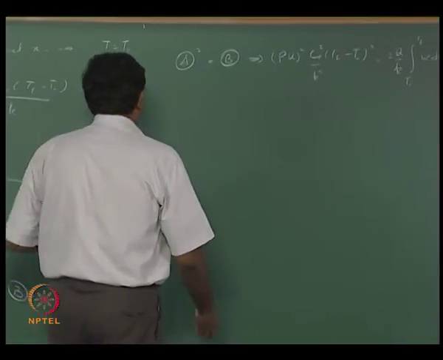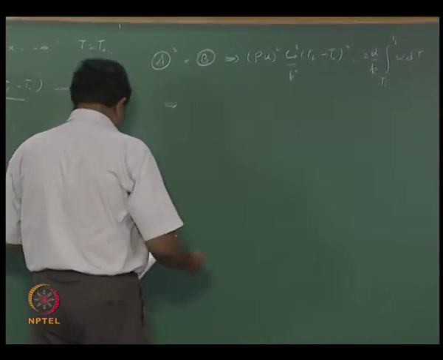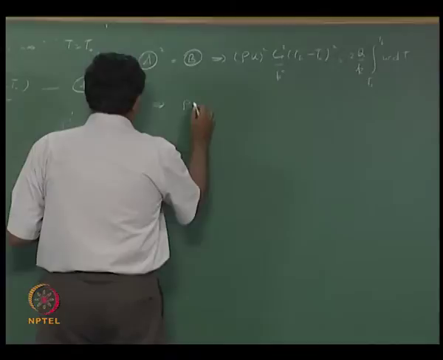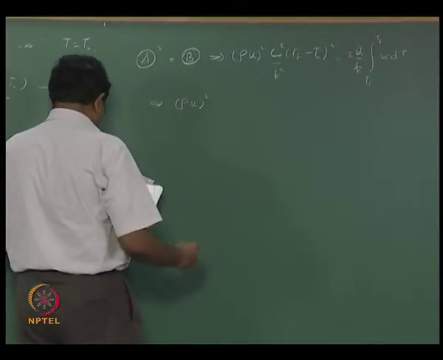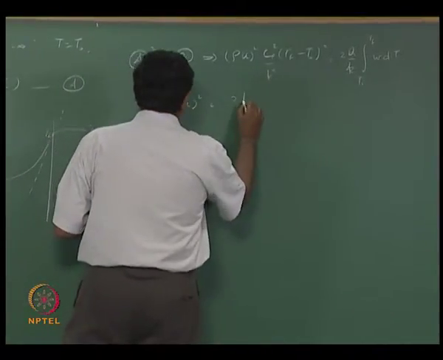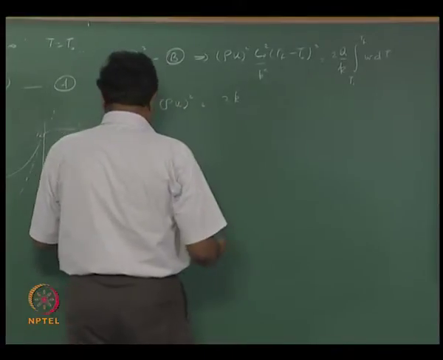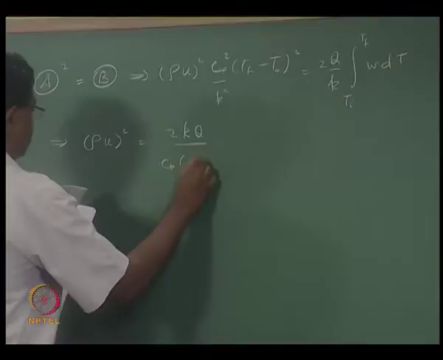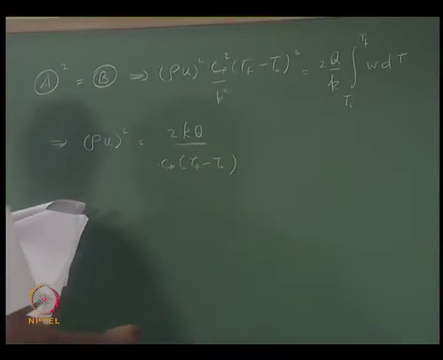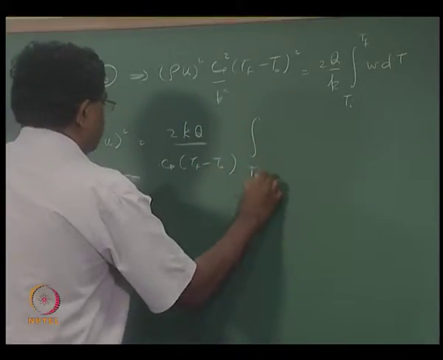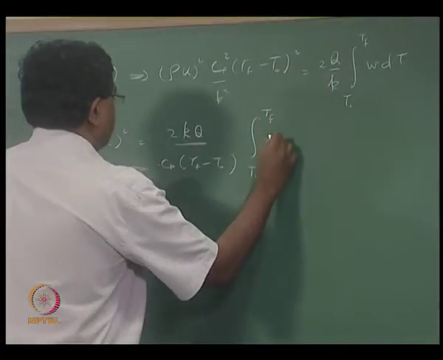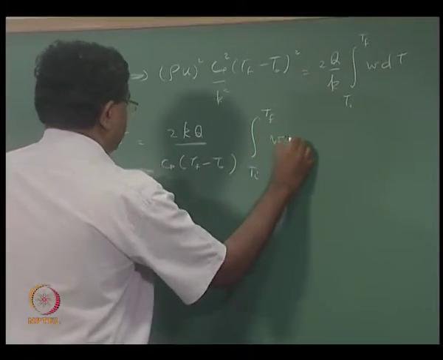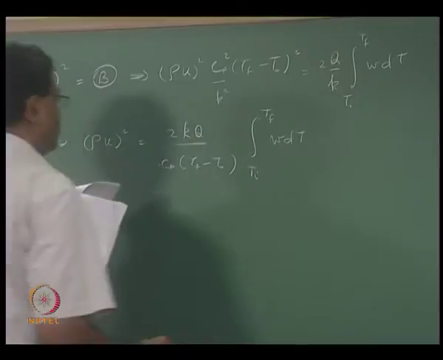So here we go, how to simplify this a bit further. So (rho u) the whole squared equals 2K Q divided by Cp (Tf minus T naught) integral Ti to Tf W dT.